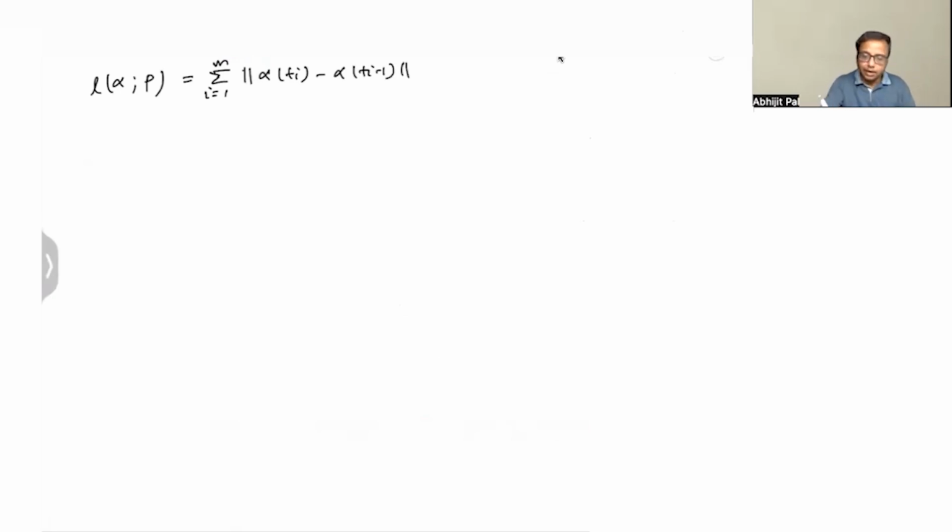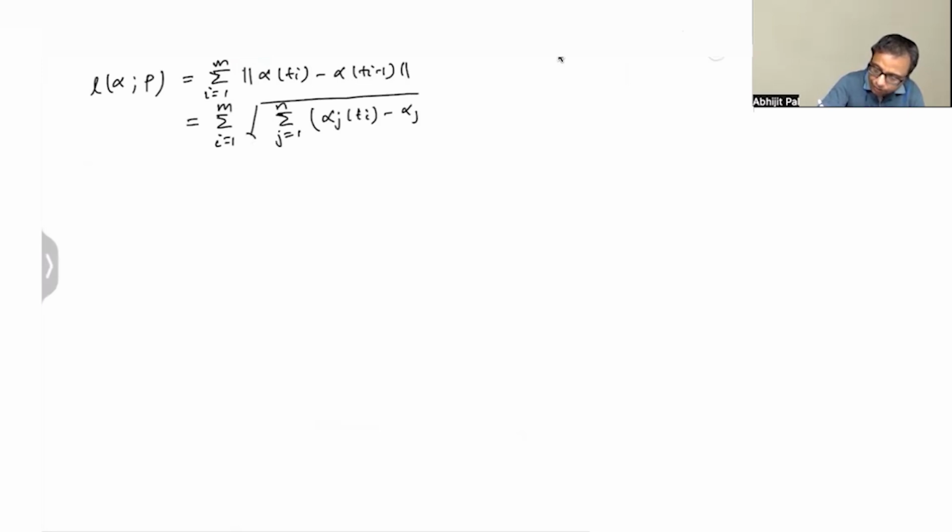And by the definition of norm, this summation is equal to i equals 1 to m, root over summation j equal to 1 to n, alpha j ti minus alpha j ti minus 1 squared.